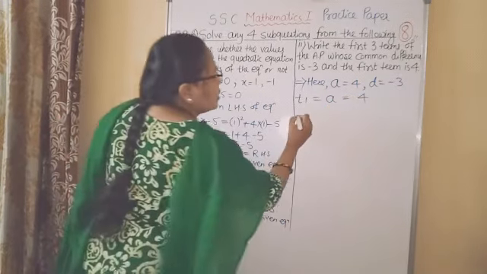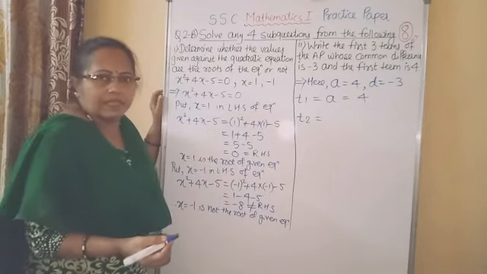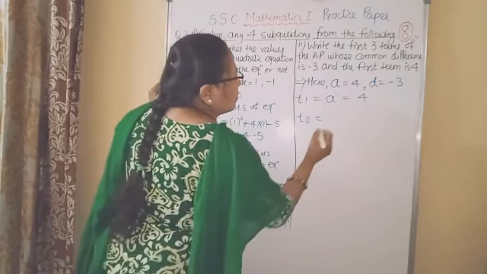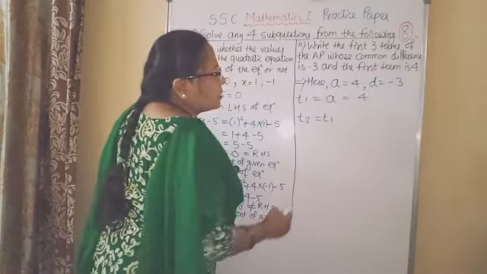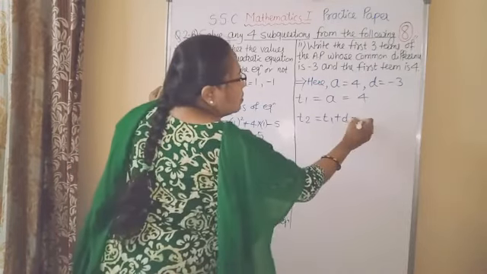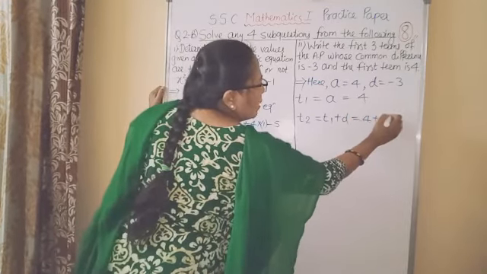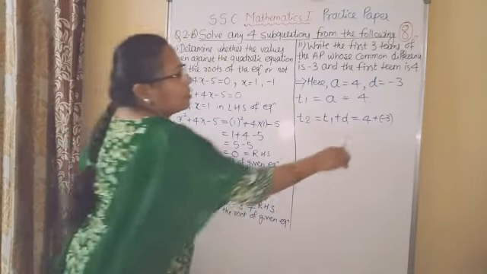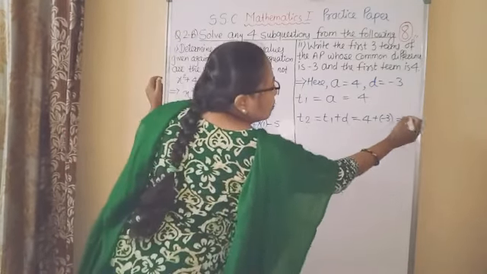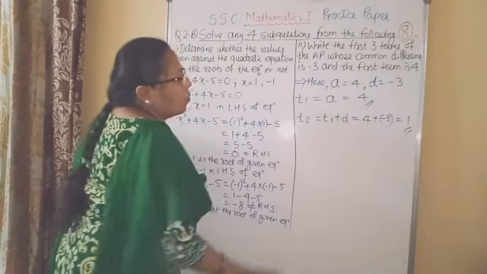Then T2, the second term. To find the next term, to the previous term we have to add the common difference. The previous term is T1 plus common difference D. T1 is 4 and the common difference is -3. Plus minus is minus, so 4 minus 3 is 1. First term is 4, second term is 1.